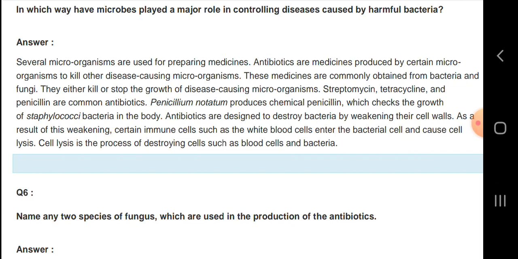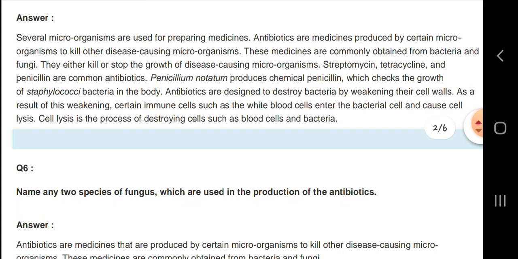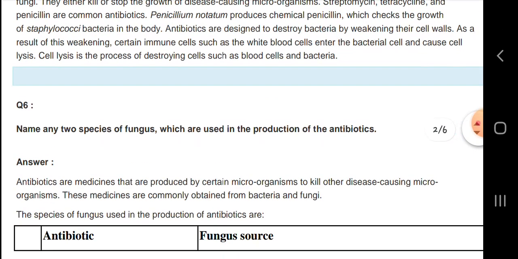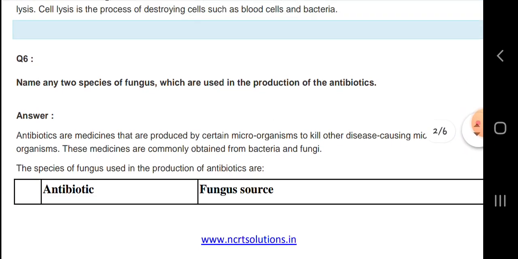These medicines are commonly obtained from bacteria and fungi. Penicillium notatum produces the chemical penicillin, which checks the growth of Staphylococcus bacteria in the body. Antibiotics are designed to destroy bacteria by weakening their cell walls.